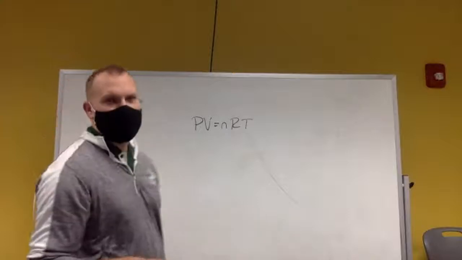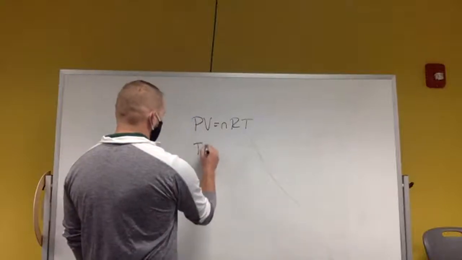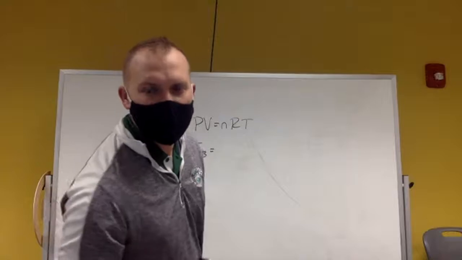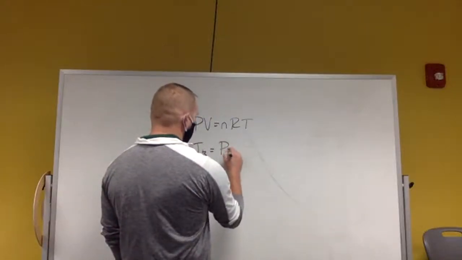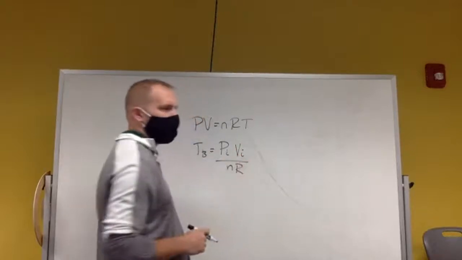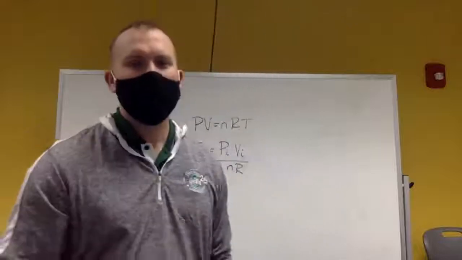If we look at TB, the temperature at B would be PiVi over nR. That would be my temperature at B. Does everybody agree with that? I'm simply taking what is recorded there.